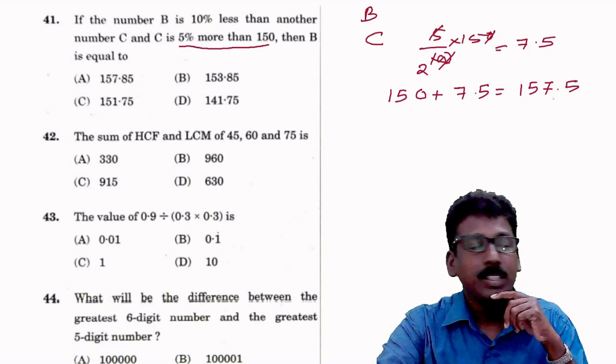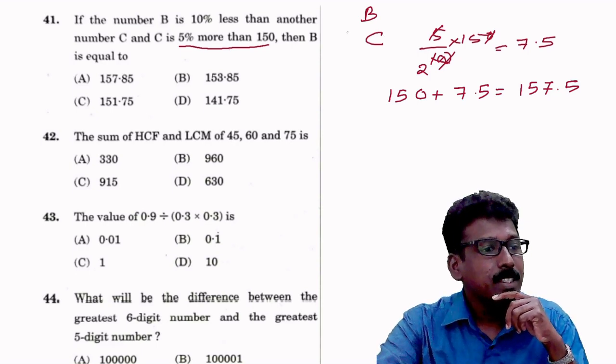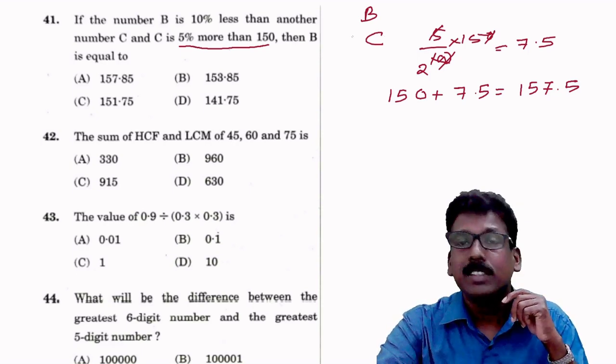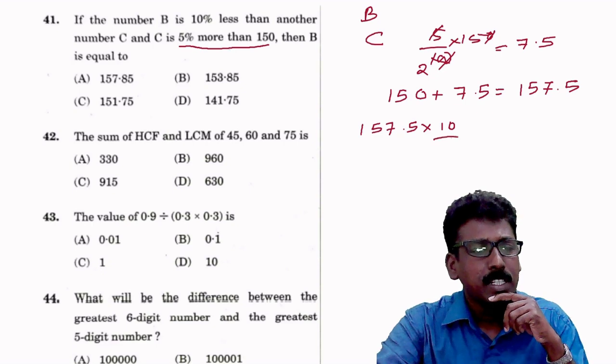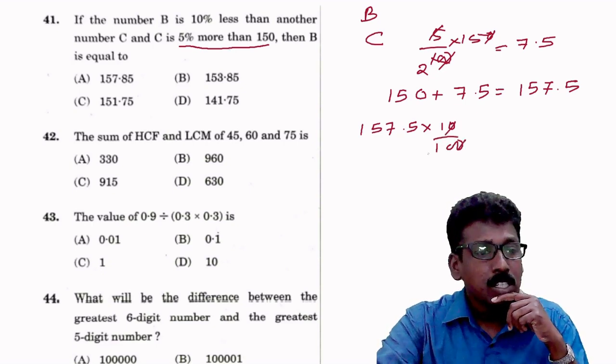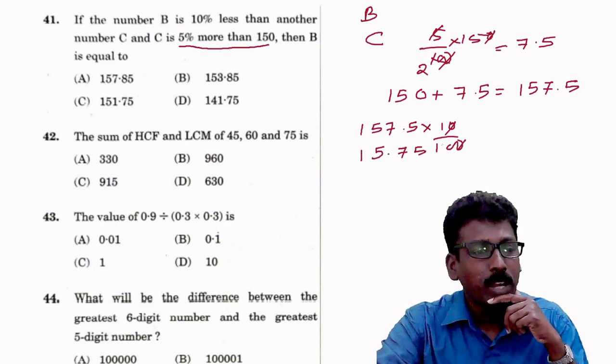So it is 157.5. Now B is 10% less than C. So C is 157.5 and it's 10%, which is 10 by 100. The zeros you can cancel. Dividing by 10 means you add one more decimal place, so it is 15.75.